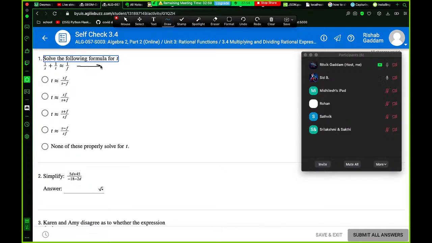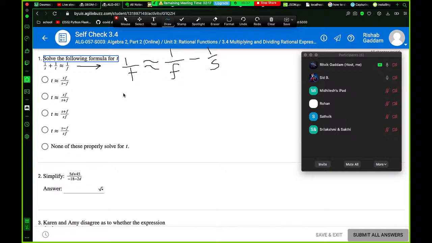So it says solve the following formula for t. Okay, so 1 over s plus 1 over t is approximately equal to 1 over f. Now, if you want to figure out t, you're going to have to subtract. So 1 over t would be equal to 1 over f minus 1 over s.